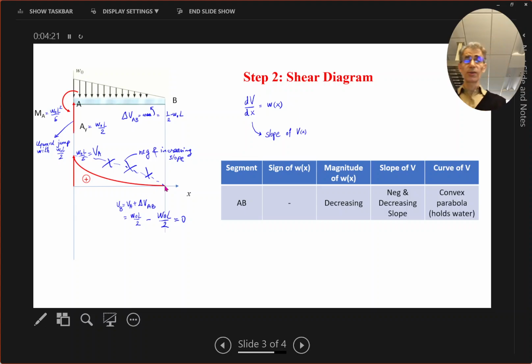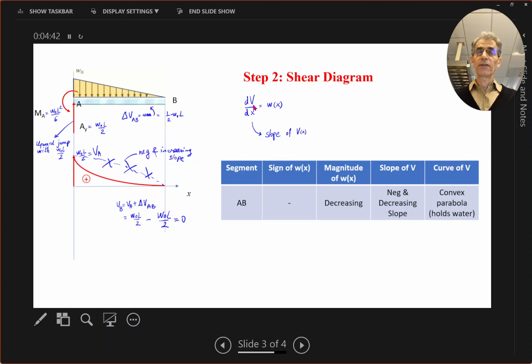And the question is, is it sure? Yes, and if you're not convinced by that, you can calculate the change from point A to point B by using the area.